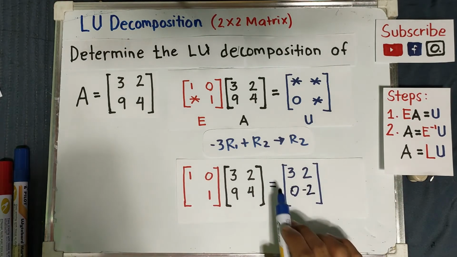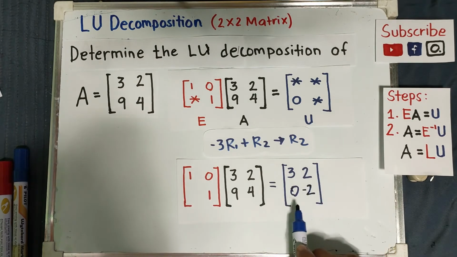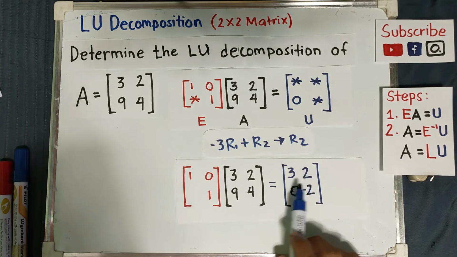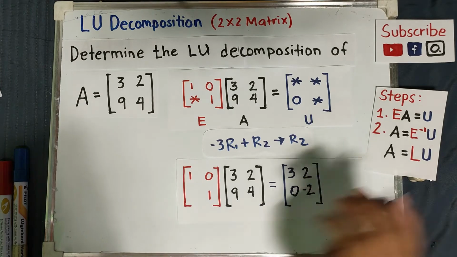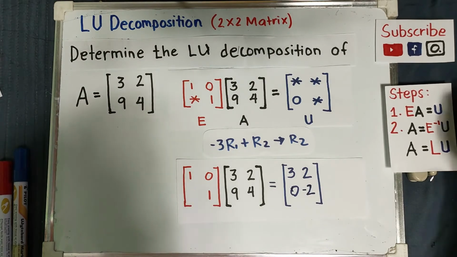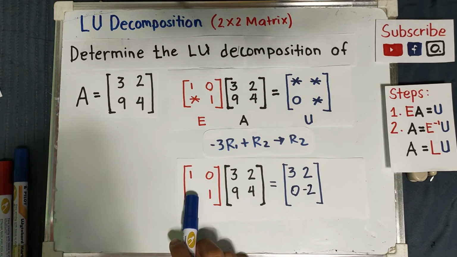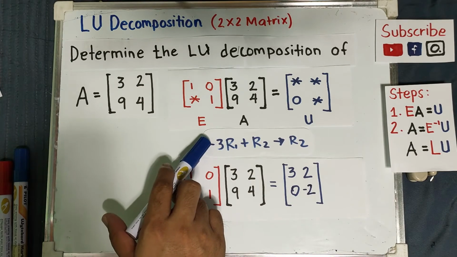So we have here now our upper triangular matrix. It is now formed. Now, our problem is to get the value here. What value will we put here? The value we put here now is our multiplier above. What is our multiplier?